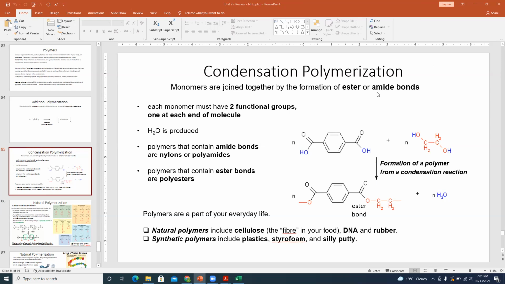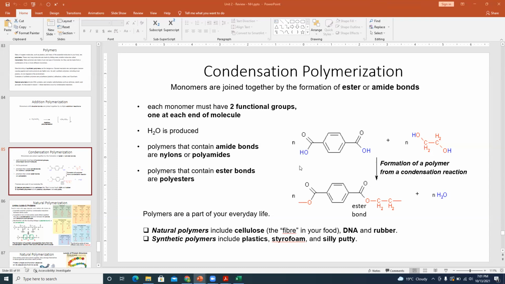And when you form an ester or an amide, often it's a condensation reaction where a water molecule is lost. And polymers that contain amide bonds are nylons or polyamides, and polymers that contain ester bonds are called polyesters. So these are two familiar types of polymers, plastics that you have heard of, nylons and polyester, and these are formed through this reaction.